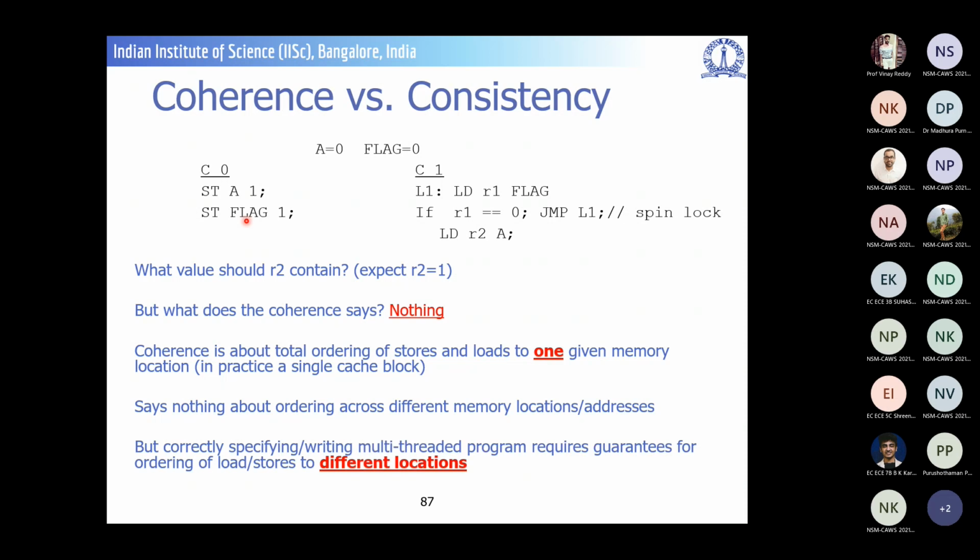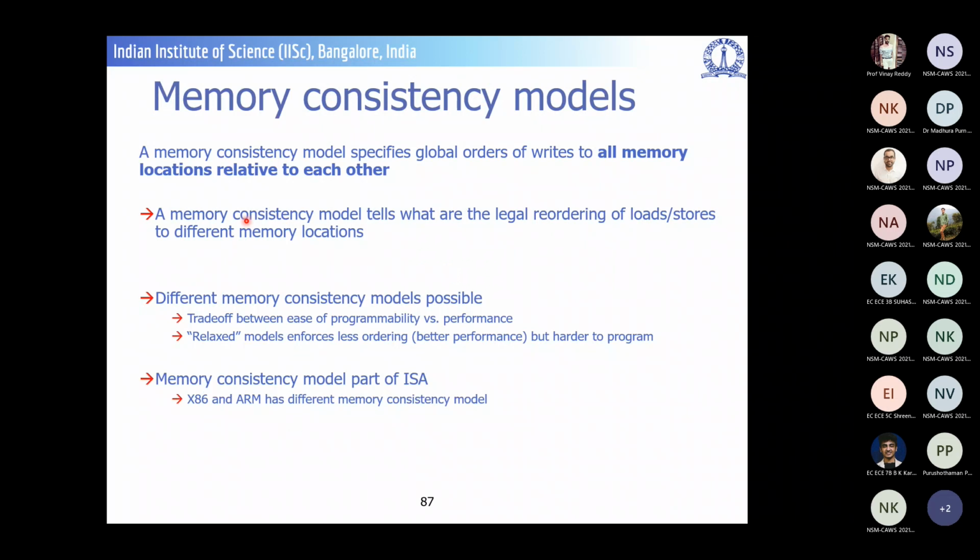Now that is why the memory consistency model comes in. A memory consistency model talks about the orders in which the loads and stores to different locations, A and flag, which are not the same address, could become visible to all other threads, meaning to everyone. To define it a little more, a memory consistency model specifies a global order of writes to all memory locations, not a single memory location, relative to each other.